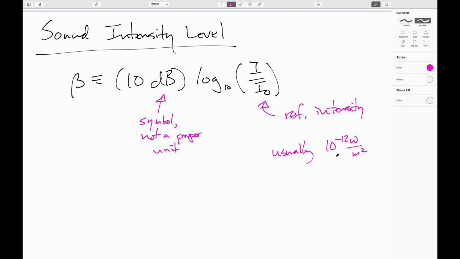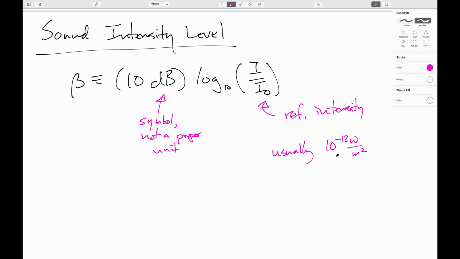There are other reference intensities that are used, but this is the one that's used for, say, sound ordinances, where they decree that a party is too loud if the cop's decibel meter reads a certain number. That'll be calibrated at 10 to the negative 12 watts per square meter for the reference intensity.